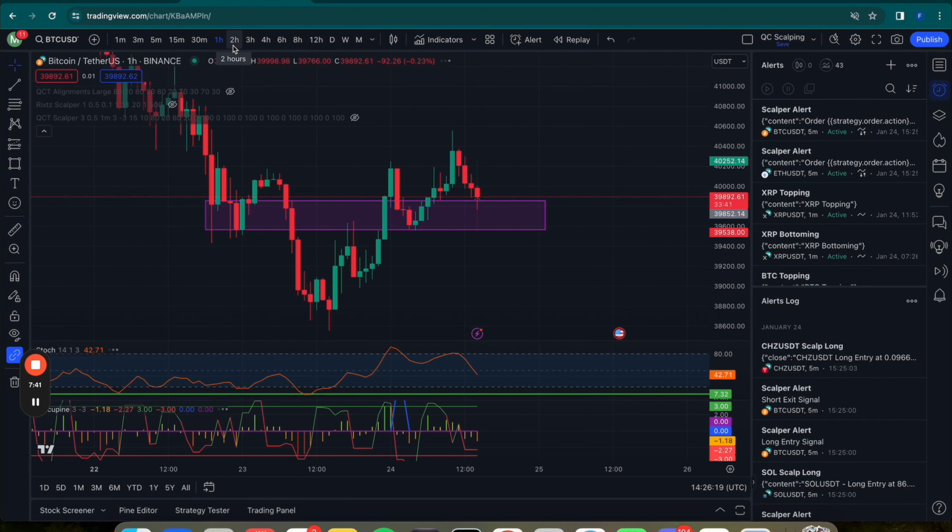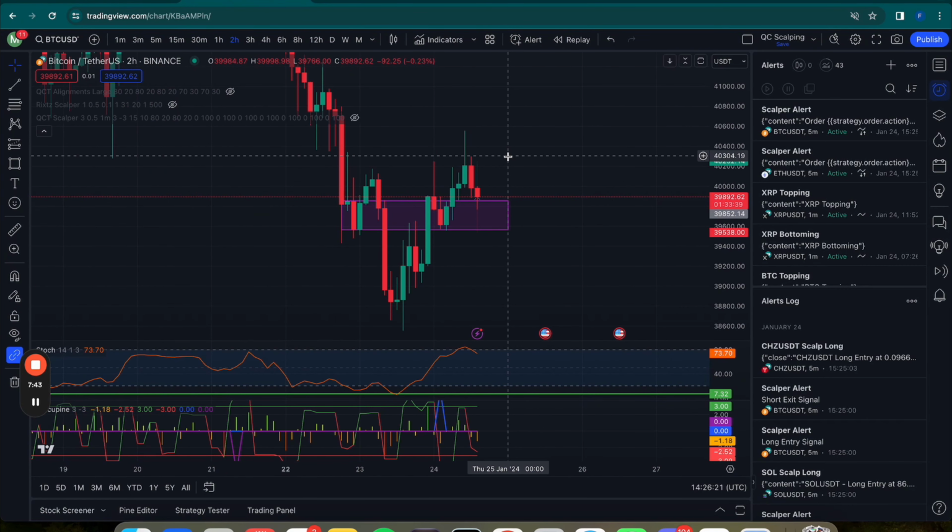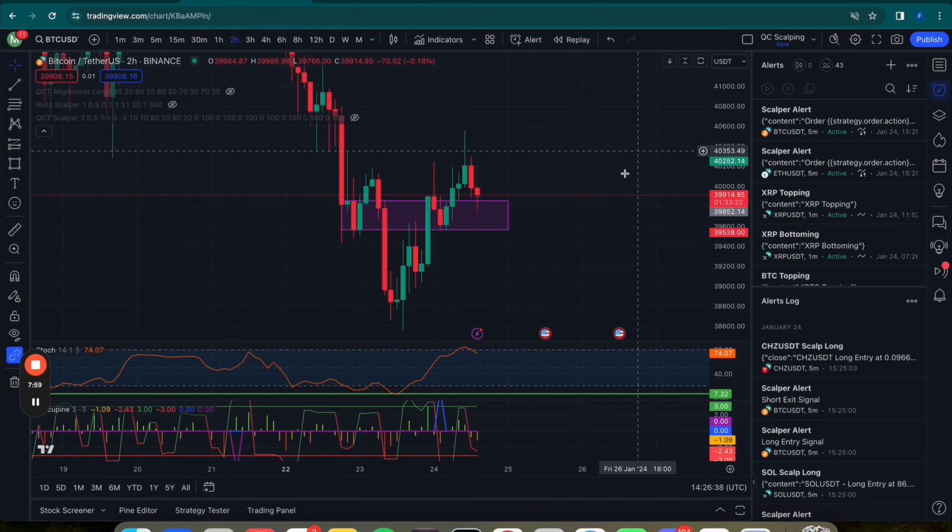Mid-term, the 30, 1 hour and 2 hour still didn't finish their move. So we have two possibilities. Either they turn around midway and start going further up, or they will all bottom out, reload, and then we will go further up. Because on our higher time frames, we're just going up, right?